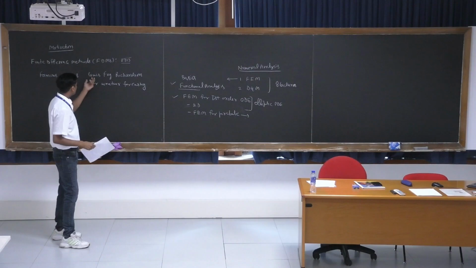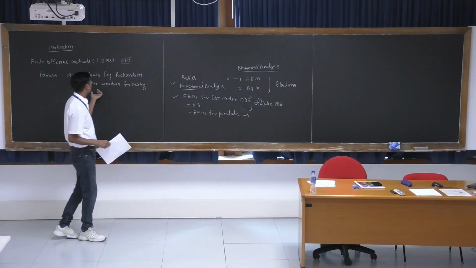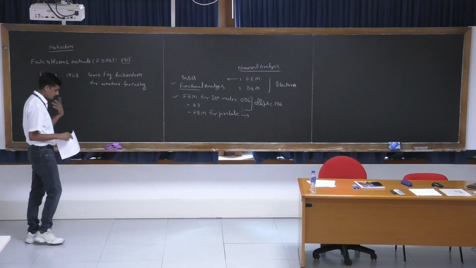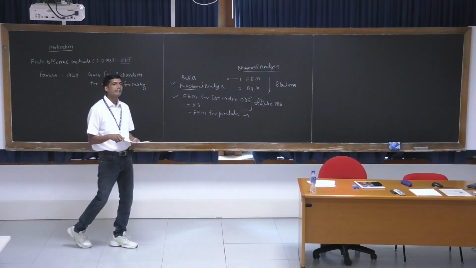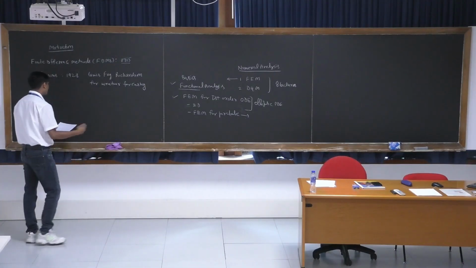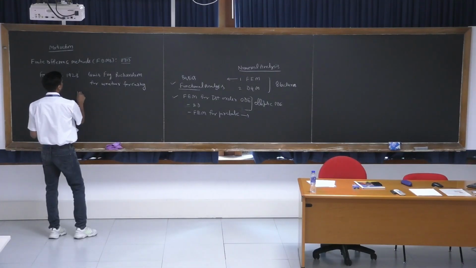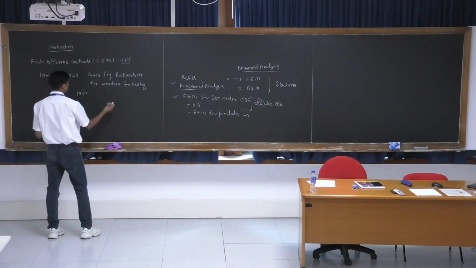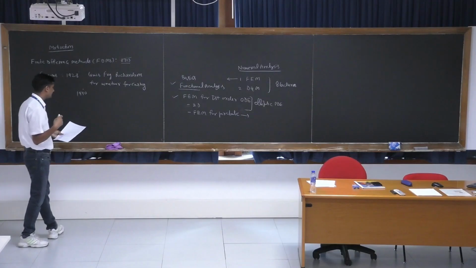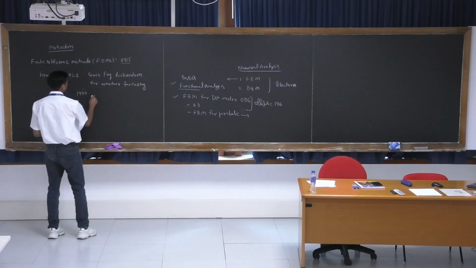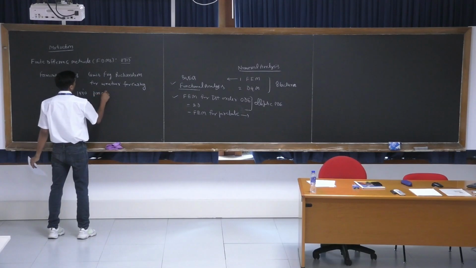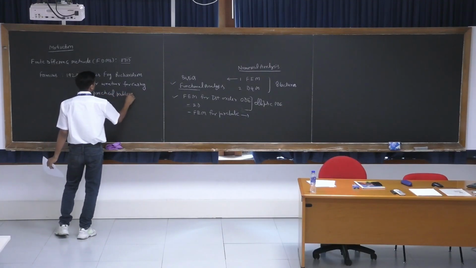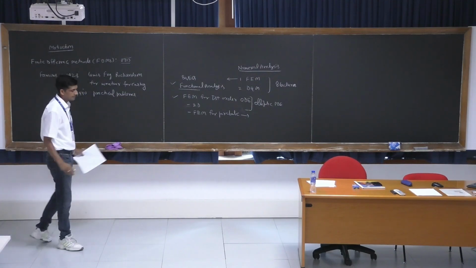So this guy started the finite difference method for solving PDEs. After that, in 1940, the finite difference method became popular for some practical problems. Until now, people are working on the finite difference method.